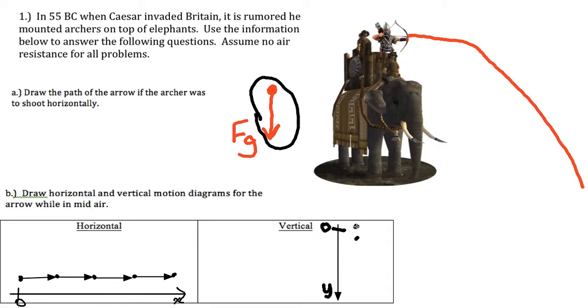So at first, the dots are pretty close together. Over time, they're going to spread out more and more. Then when you connect it with arrows, the arrows will start small and get longer and longer. Okay, those are your motion diagrams.